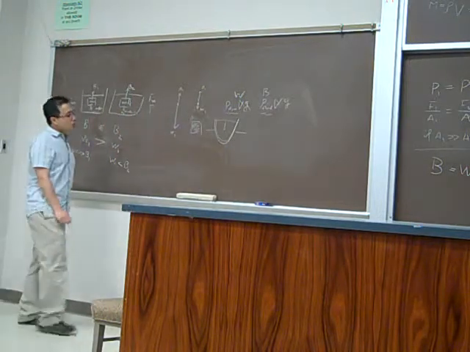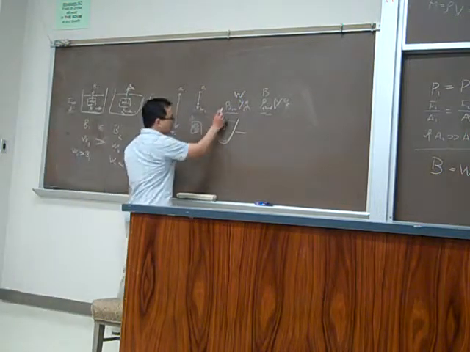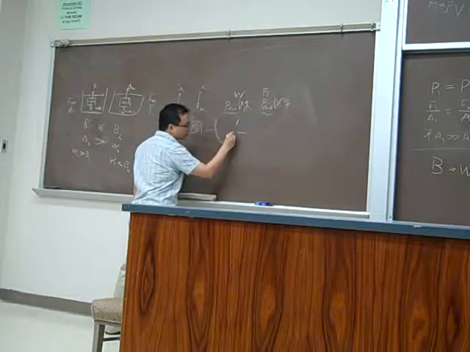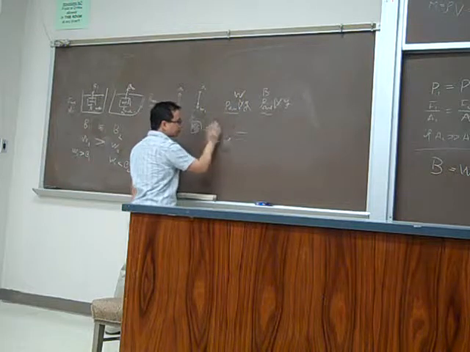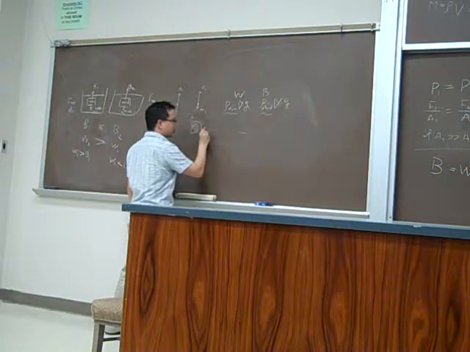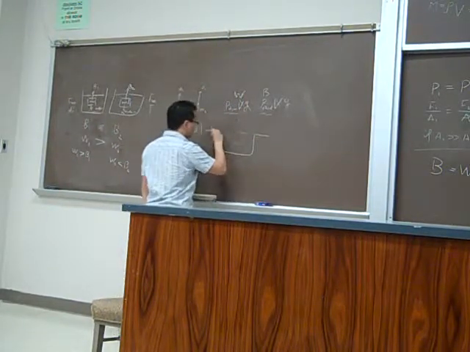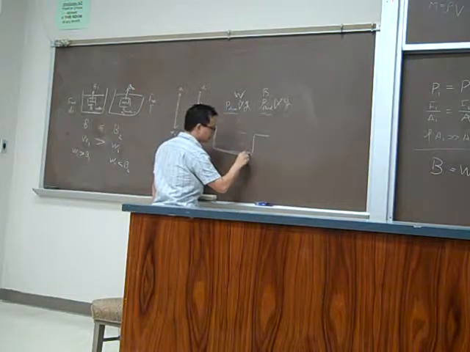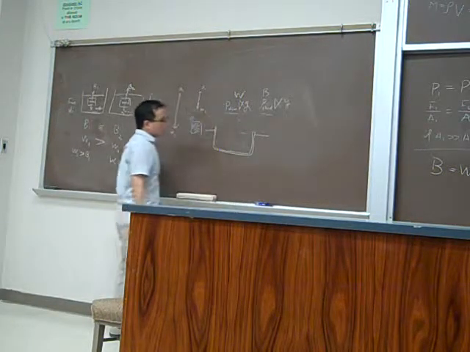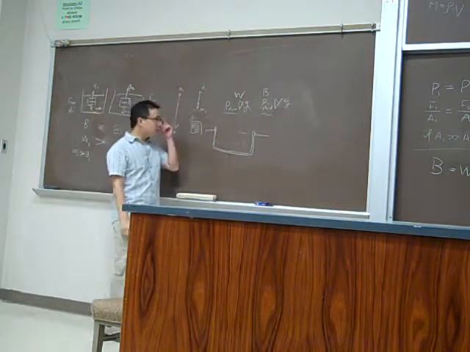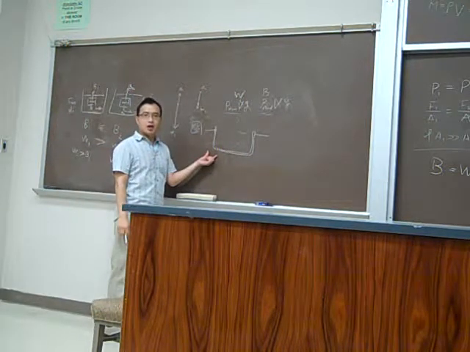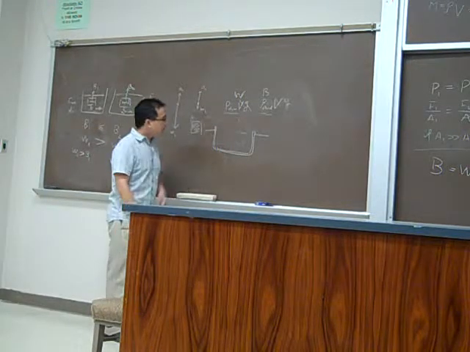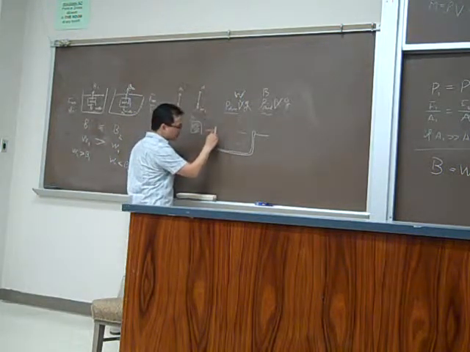Or from another way you can think about it, let's look at this one. Okay, then make another graph. If you have some boat like this, to calculate the weight of the object, the volume is this, right?